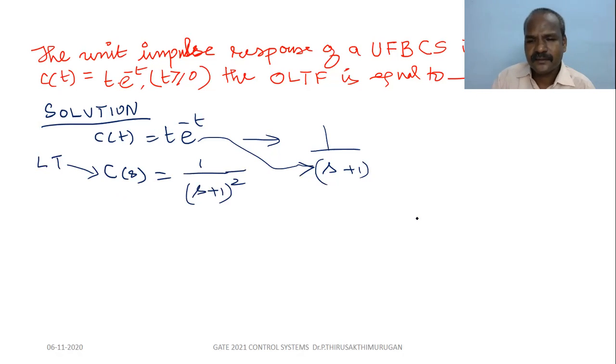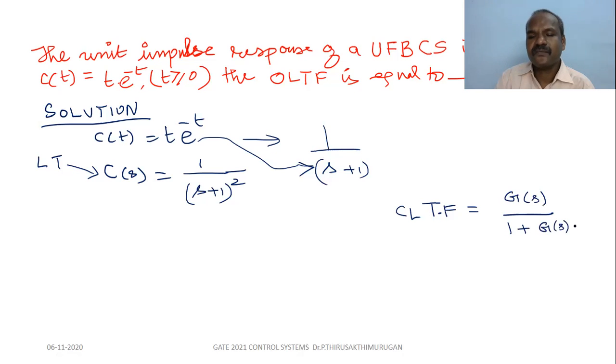You know the closed loop transfer function and the open loop transfer function. Closed loop transfer function equals G of s, the open loop transfer function, divided by 1 plus G of s into H of s.